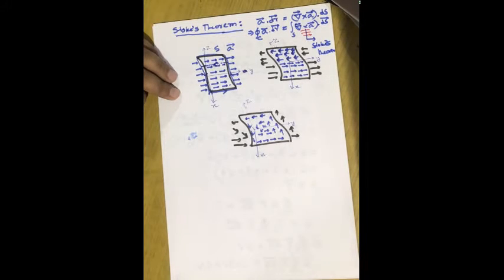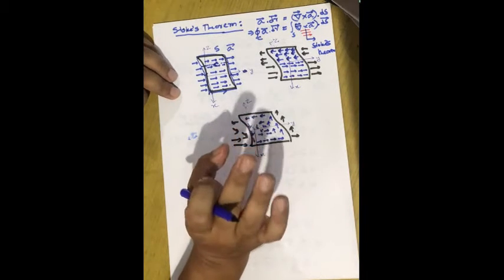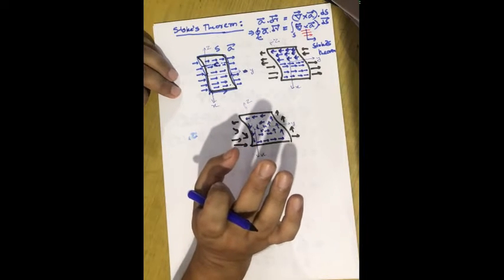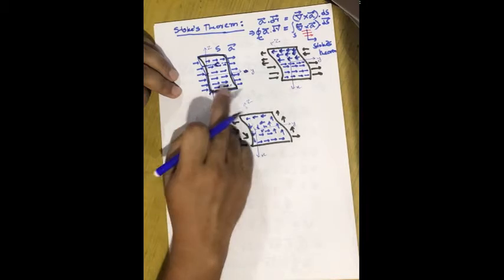So the first point is that whatever closed loop we choose for the line integral, it has to surround the whole surface.